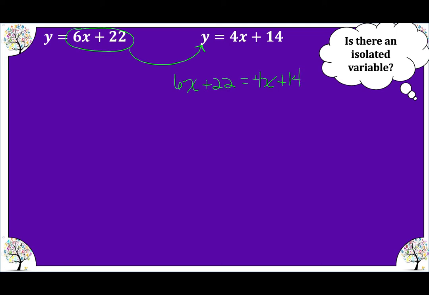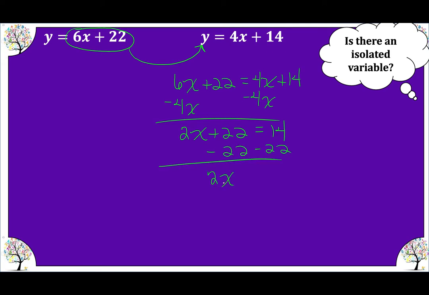Variables are on both sides, so we're going to address the smaller variable, and I'm going to subtract out 4x on both sides. We get 2x plus 22 equals 14. Subtract out the 22. 2x equals negative 8. Divide by 2. And the x-coordinate is negative 4.